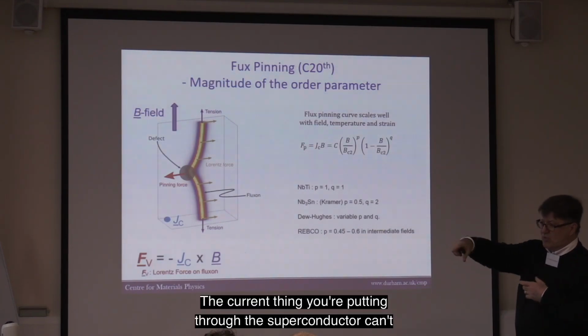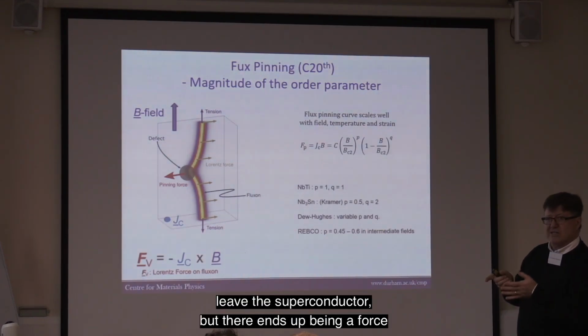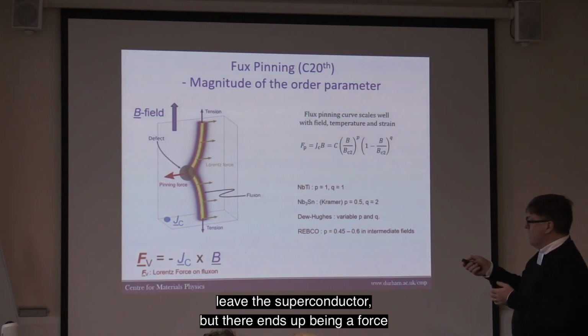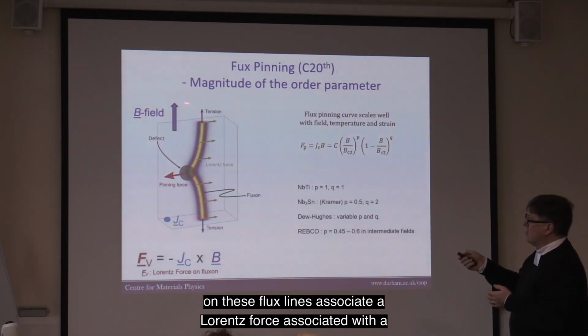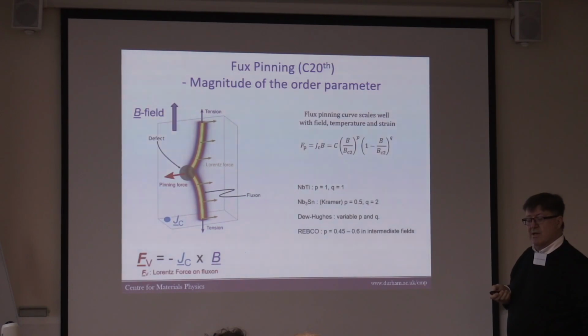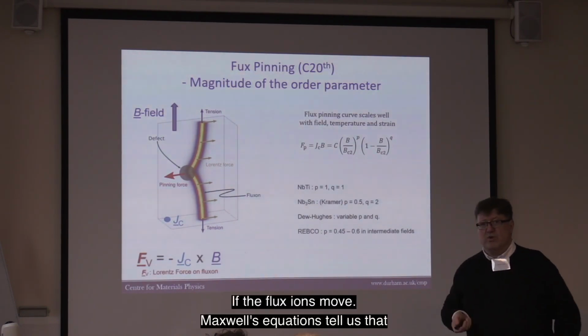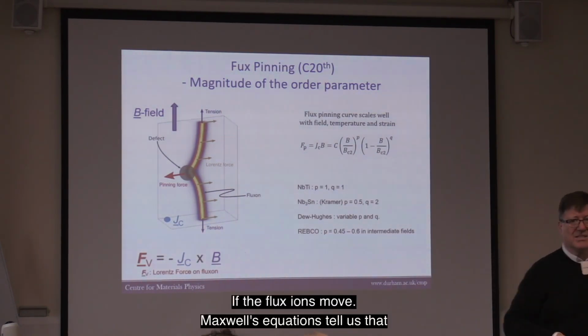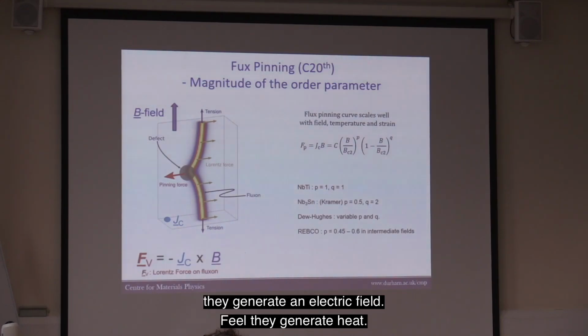The current that you're putting through the superconductor can't leave the superconductor. But there ends up being a force on these fluxons, a Lorentz force associated with a transport current flowing through the superconducting material. If the fluxons move, Maxwell's equations tell us that they generate an electric field. They generate heat.